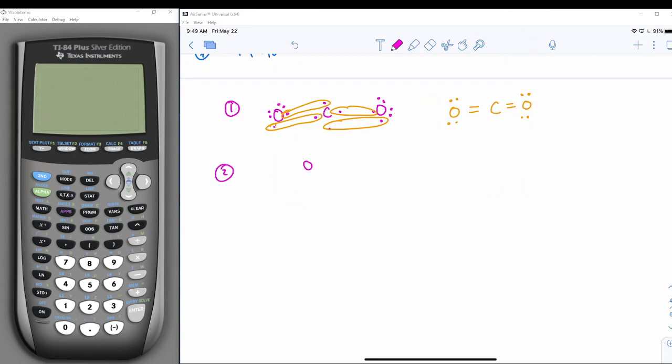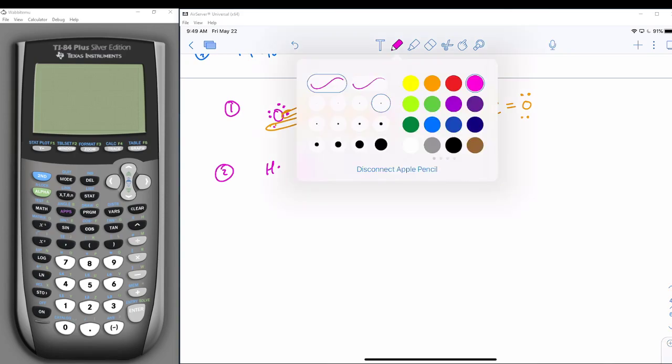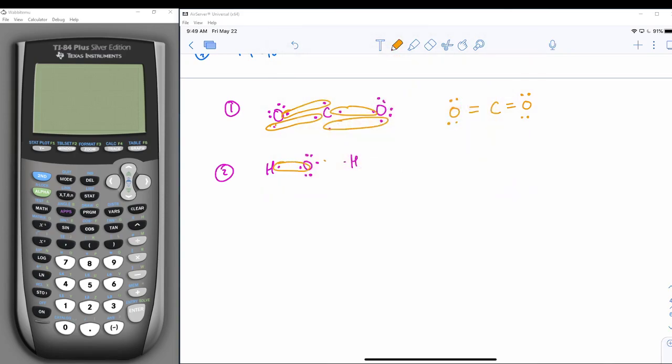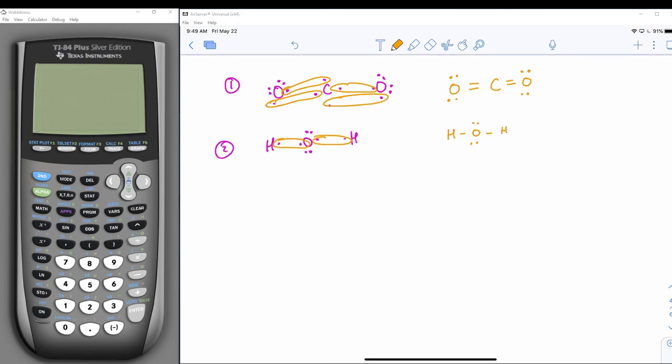So like H2O, O has 6 dots, H has 1. So you pair up your unpaired electrons, and then you leave all the other electrons alone when you redraw it. HI. H has 1. I has 7. They pair.